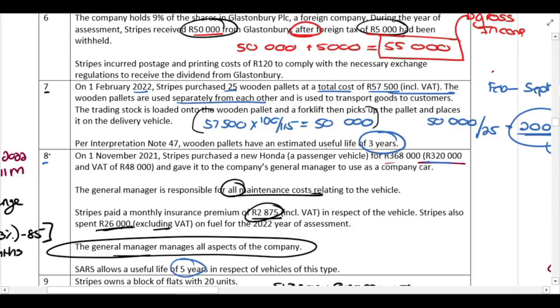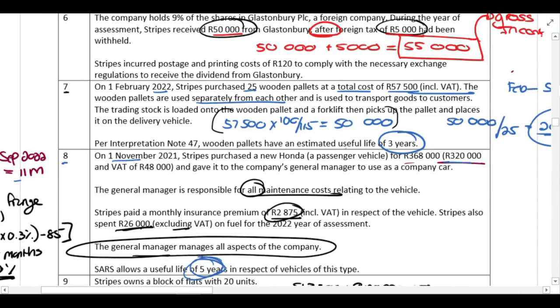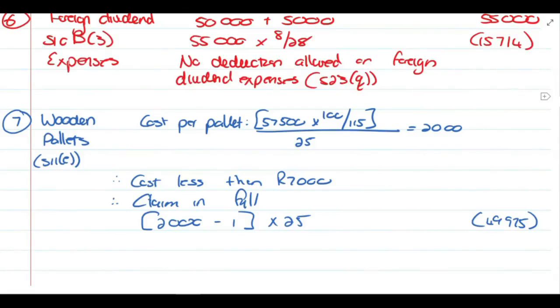Then number 8. So this is now where we have this Honda passenger vehicle. It was purchased on the 1st of November. So we had it for 11 months. They are written off over 5 years. So let's actually start with that.